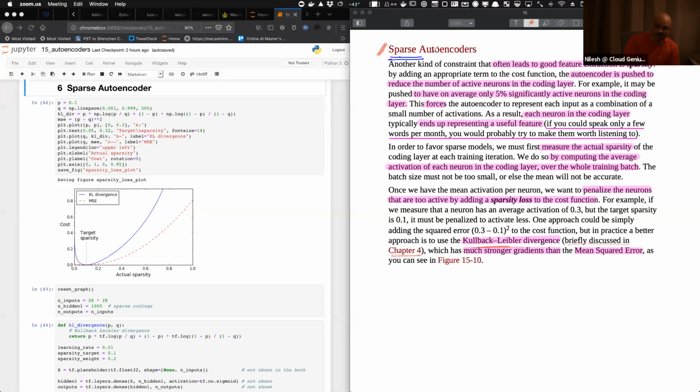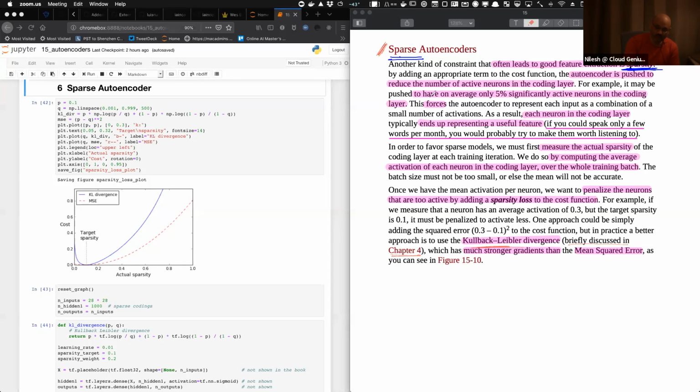And what we are really doing is creating sparsity in our neurons. We are keeping only those neurons that are significantly active and ignoring everything else.